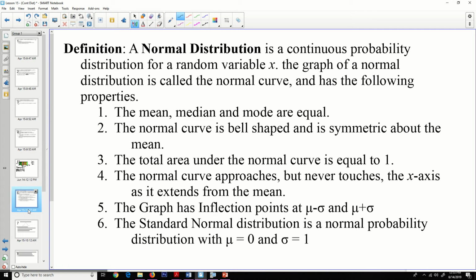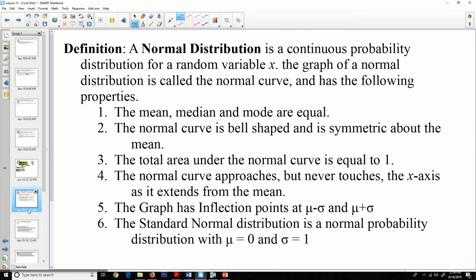Moving on, normal distribution. A normal distribution is a continuous probability distribution for a random variable x. The graph of a normal distribution is called the normal curve and has the following properties. The mean, median, and mode are all equal. The normal curve is bell-shaped and symmetric about the mean. The total area under the curve is equal to 1.